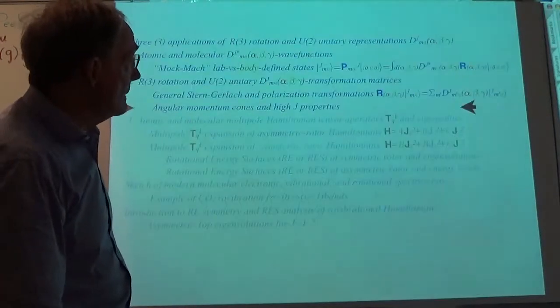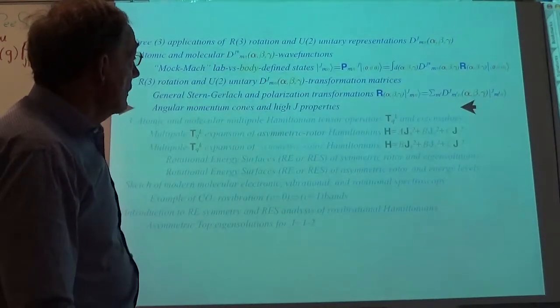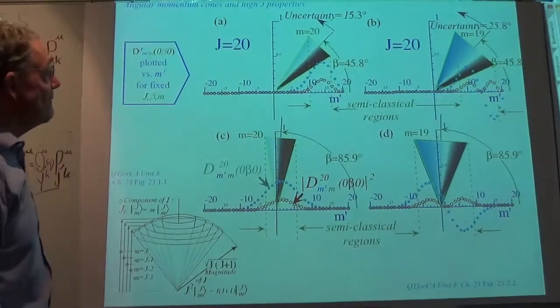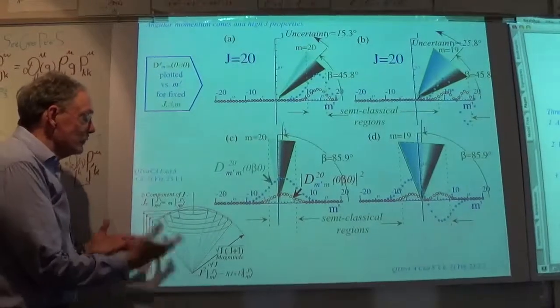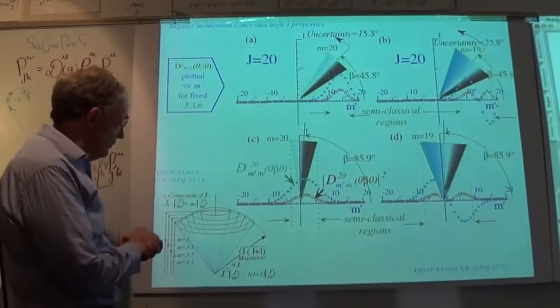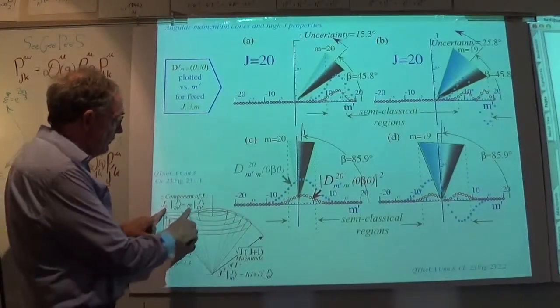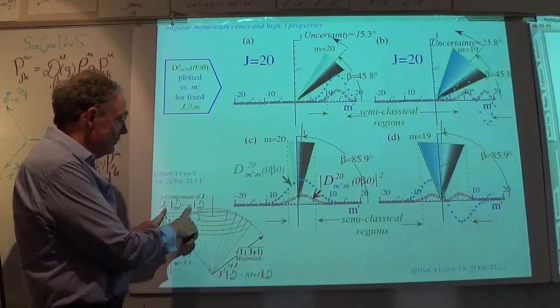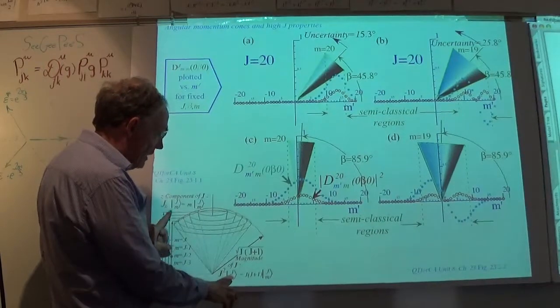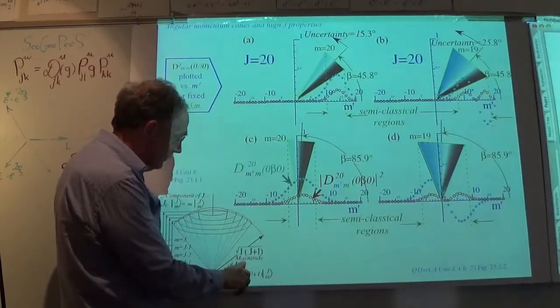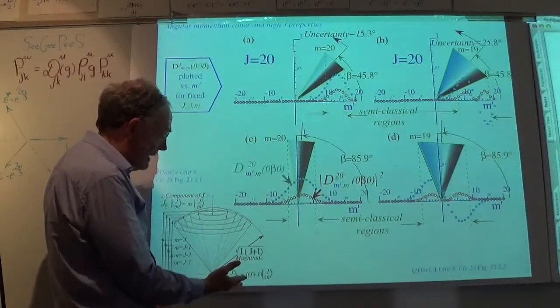Okay. Now, cones. Taking a literal interpretation of the angular momentum relations, namely the z component is m, that ranges from j to minus j, and the actual magnitude is bigger than j by about a half.